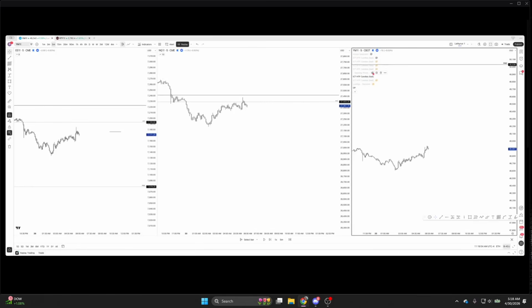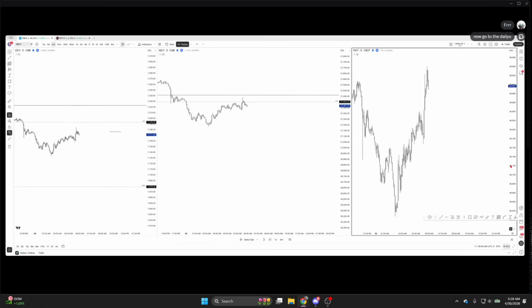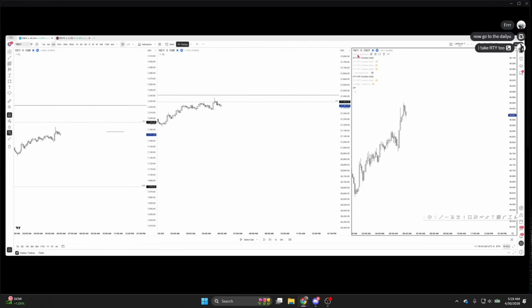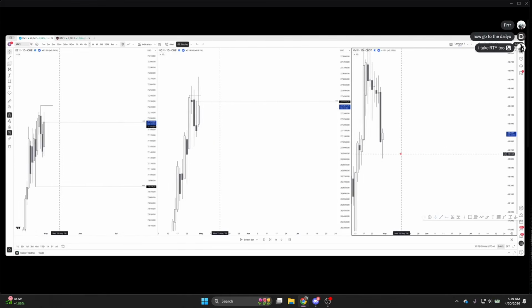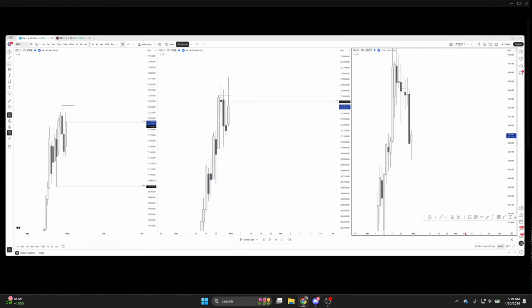Can I put on higher time frame candles? Let me try to show you this. Come on, where are the higher time frame candles? I don't know why it's not showing it to me. What's wrong? It just sucks, but whatever, I can show it to you.